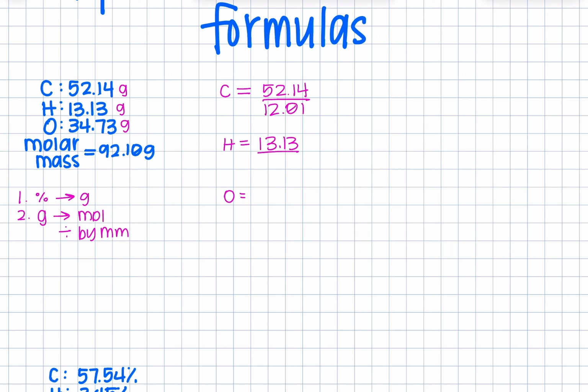The 13.13 of hydrogen divided by 1.008. And 34.73 divided by 16.00 for oxygen. Again, I'm just pulling those numbers off the periodic table.